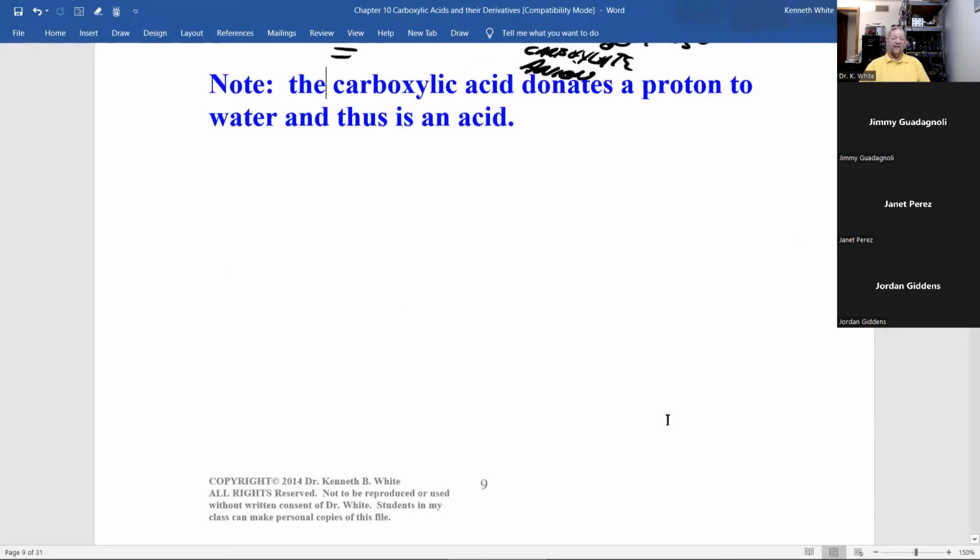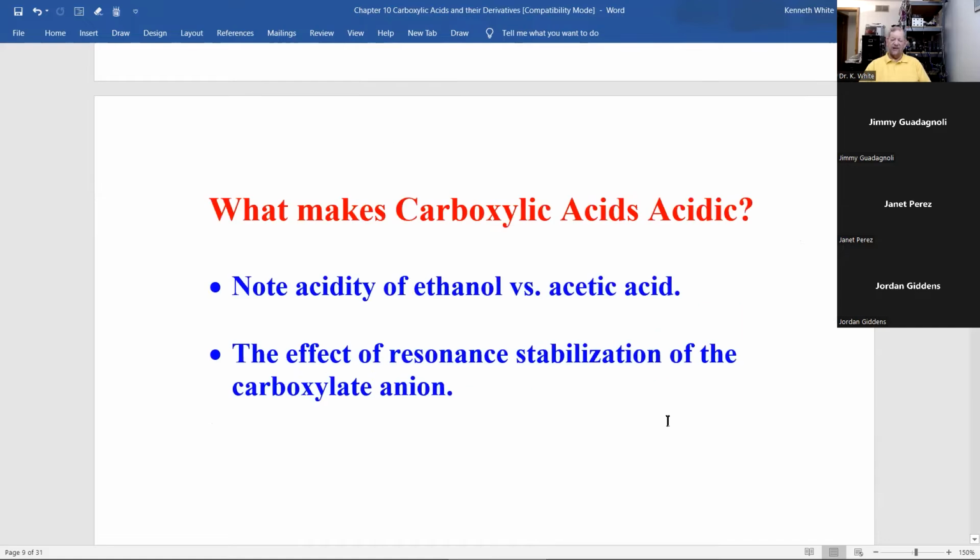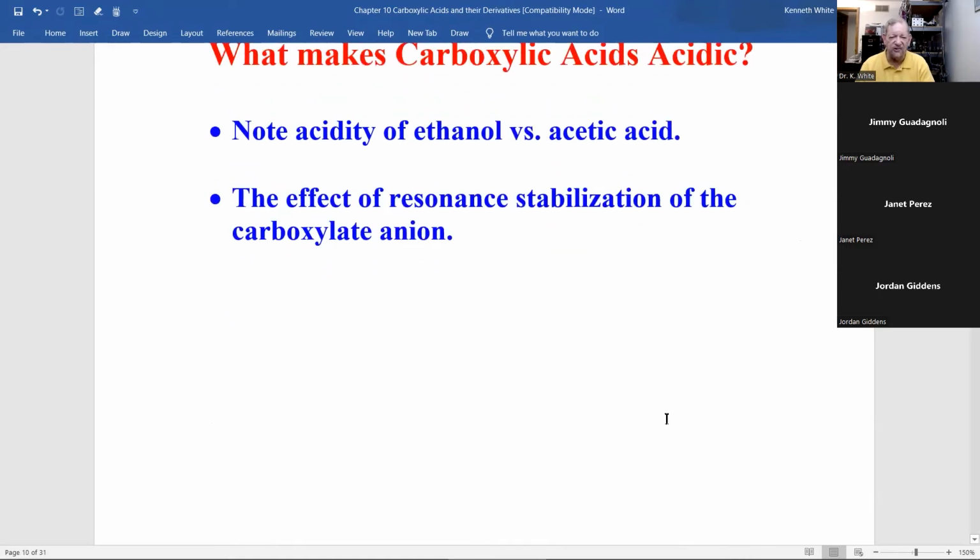And what does that mean? Well, real quick, what makes a carboxylic acid acidic? That proton comes off like that, and in ethanol, it doesn't. And the answer is resonance stability.